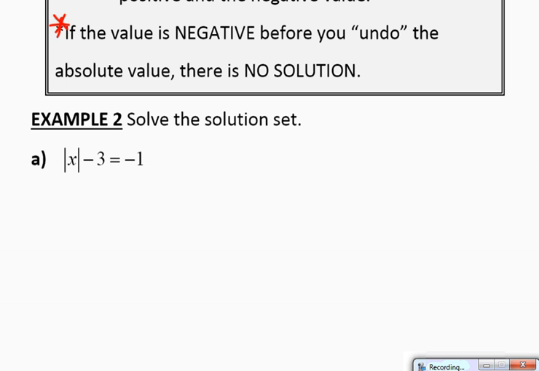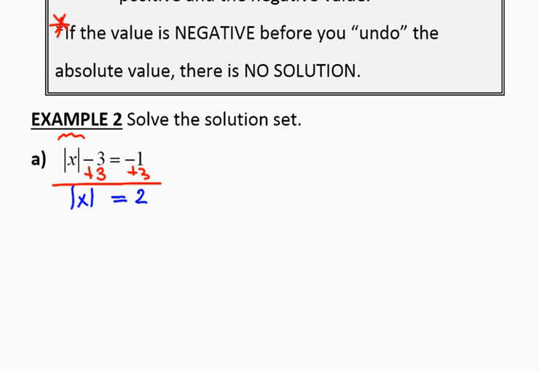All right, so example A, absolute value of x minus 3 is equal to -1. We can see our absolute value right here. We are going to now need to move the 3, which is outside of the absolute value. So we're going to remove it by adding 3 to both sides. And when we do, we're going to come up with the absolute value of x is equal to 2.